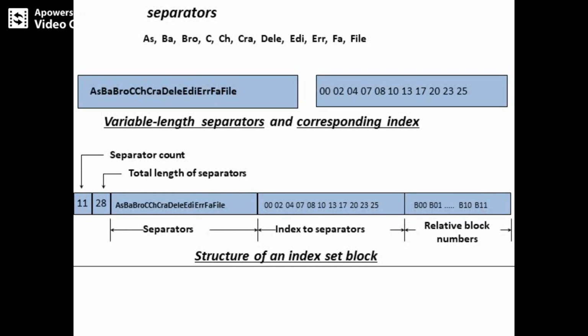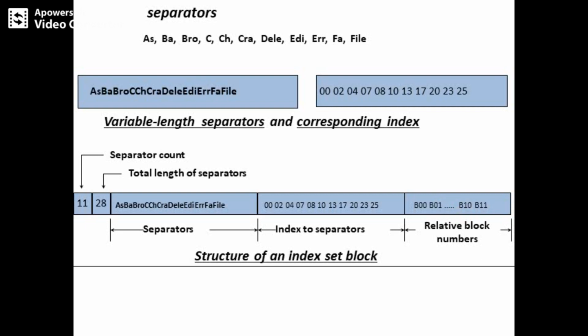So I can represent it like this: the structure of an index set block. How can we represent it? Here you can see all the separators I have listed out, and these are the indices we have computed, the index to the separator. Now I'm going to write the relative block number also.